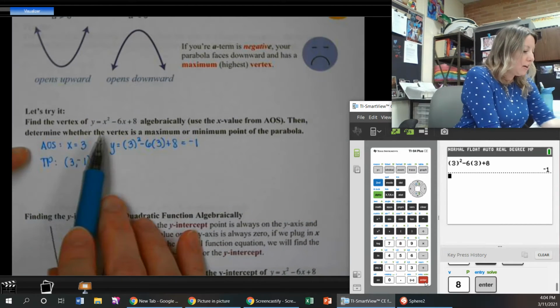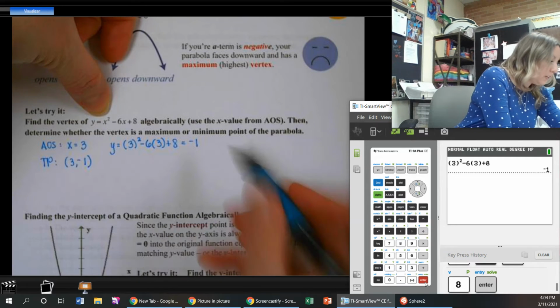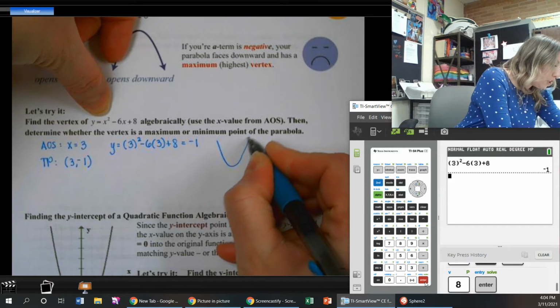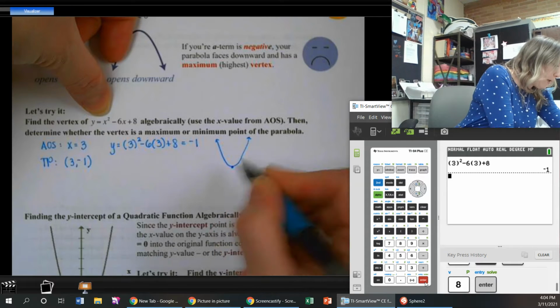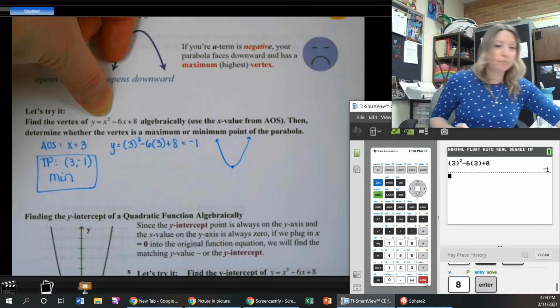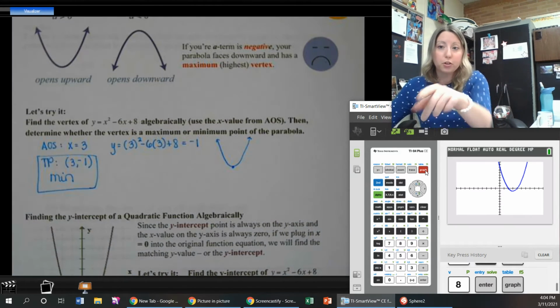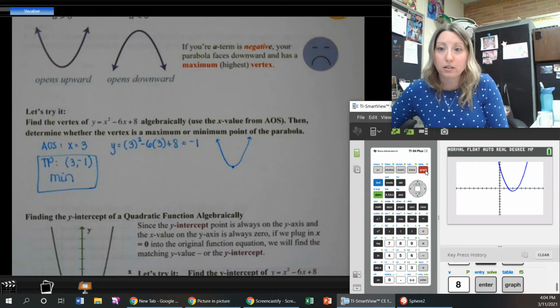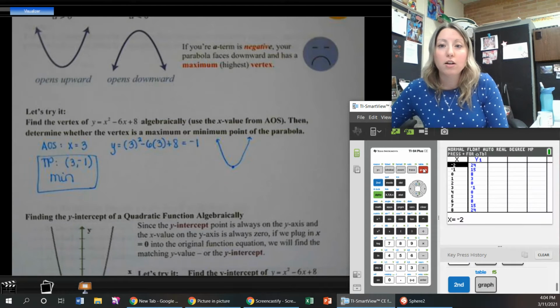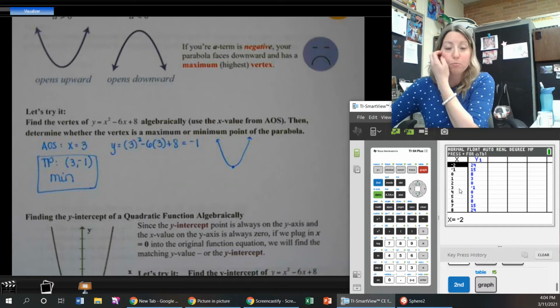Now again, this x squared is positive, so this is a smiley face parabola. So this has a bottom, this turning point is a minimum. We know that already because we already saw this parabola graphed in its smiley face, and we already saw its turning point was 3 negative 1. So that's our check back to make sure we've done this algebra correctly.